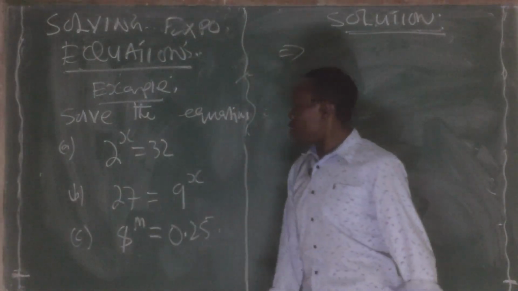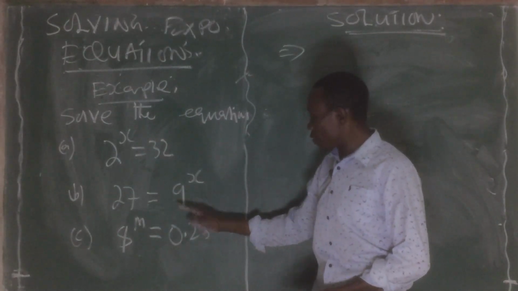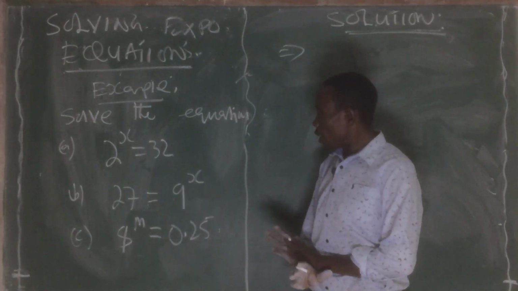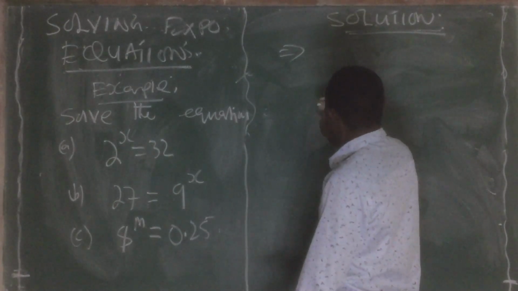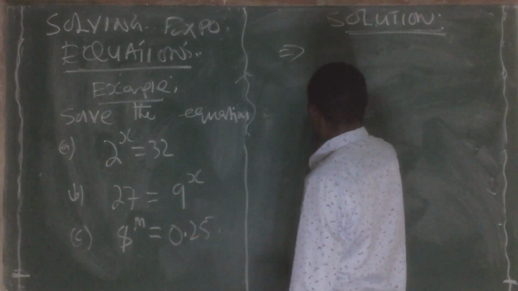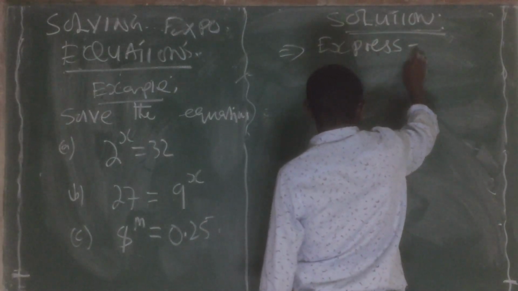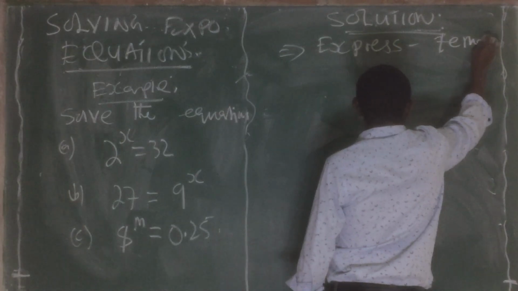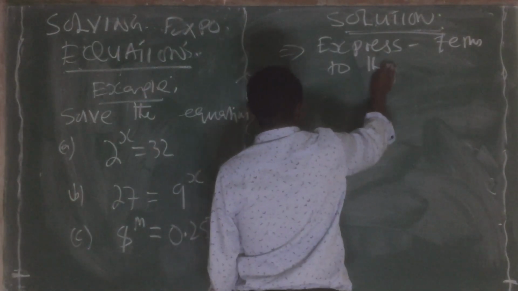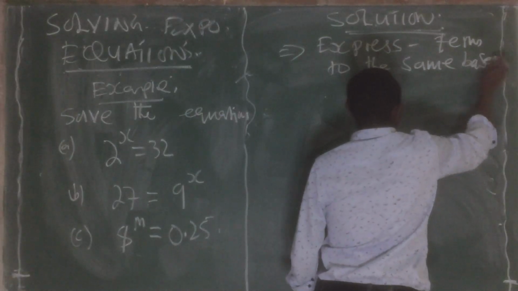How do we treat the exponential equation, where we need to find x, to find m? What we need to do is simply a matter of knowing the process of expressing. In short, you need just to express terms to the same basis.